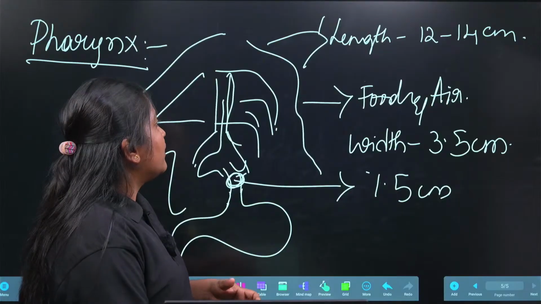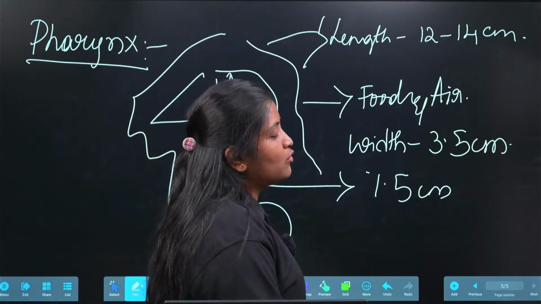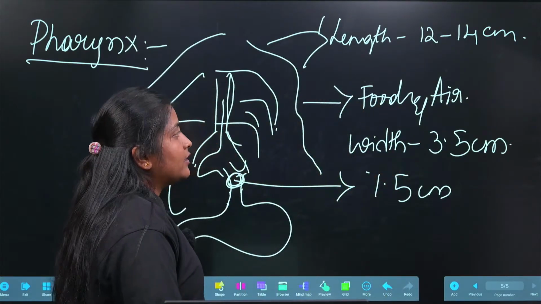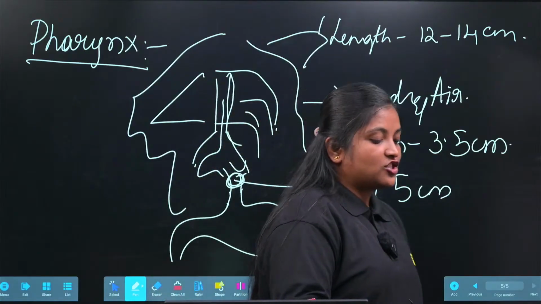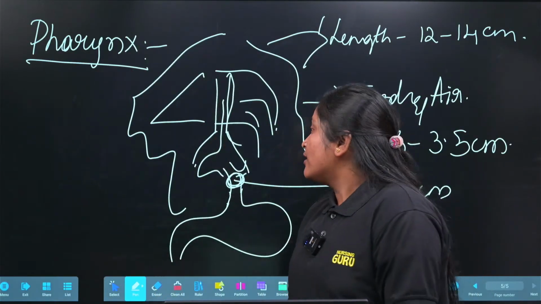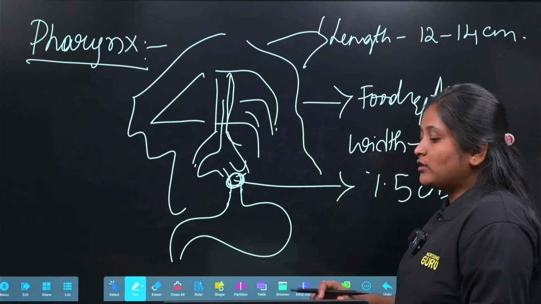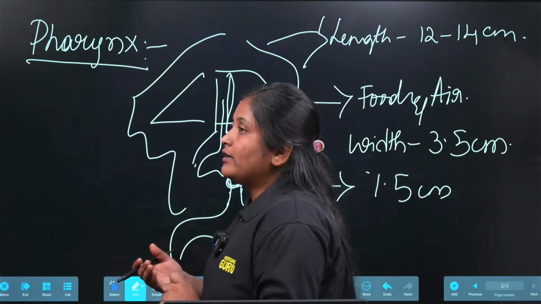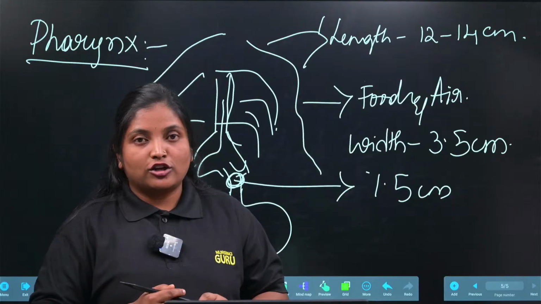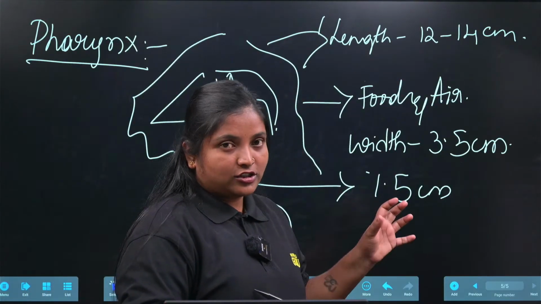The length is 12 to 14 centimeter, and it acts as a channel for transferring both food and air. The width is 3.5 centimeter, and 1.5 centimeter at the pharyngo-esophageal junction. That is the structure of the pharynx.